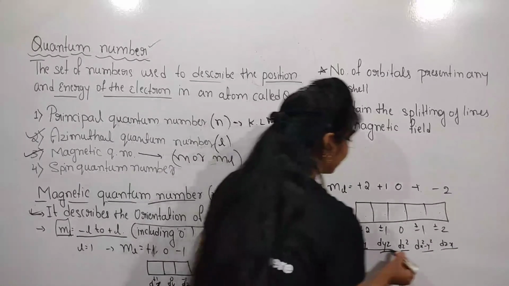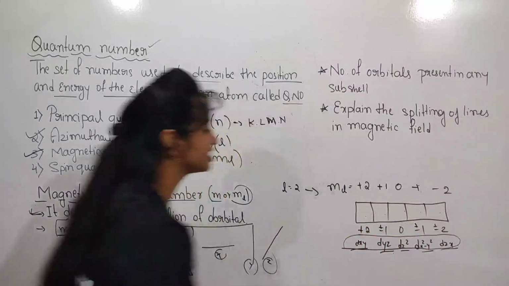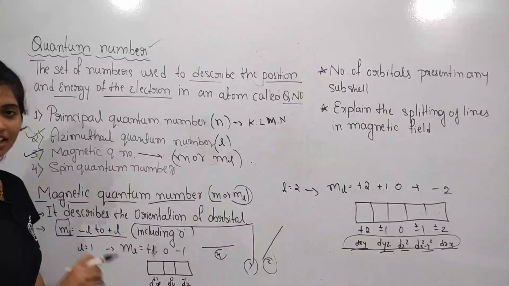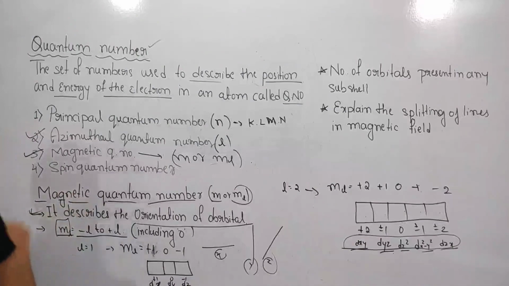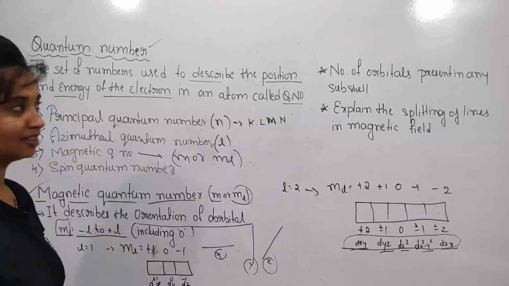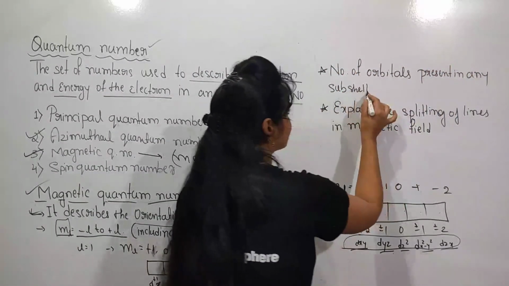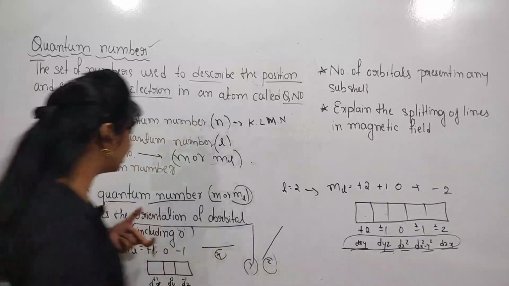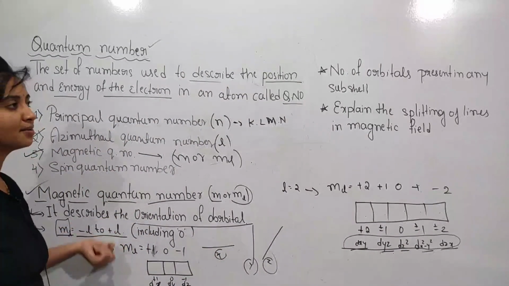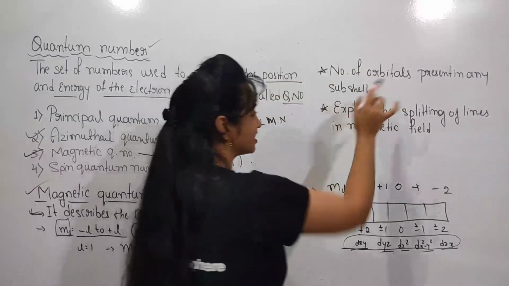So these are the 5 types of orbital orientations we have in our subshell. This information is given by the magnetic quantum number. And next, it gives the number of orbitals present in any subshell.